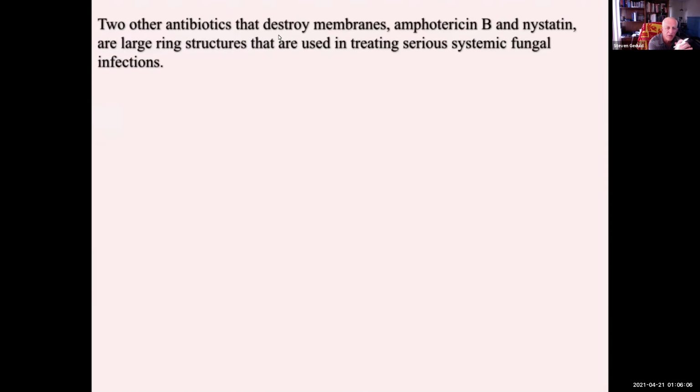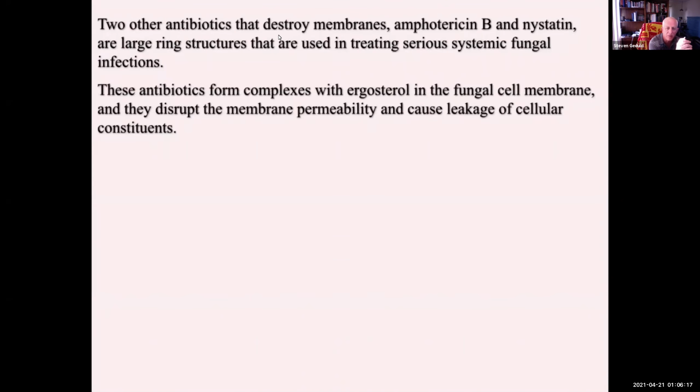Two other antibiotics that destroy cell membranes, amphotericin B and nystatin, are large ring structures used in treating serious systemic fungal infections. These antibiotics form complexes with ergosterol in the fungal cell membrane and disrupt membrane permeability, causing leakage of the cellular constituents. This works the same way. We use nystatin for trench mouth, yeast infections in the mouth.